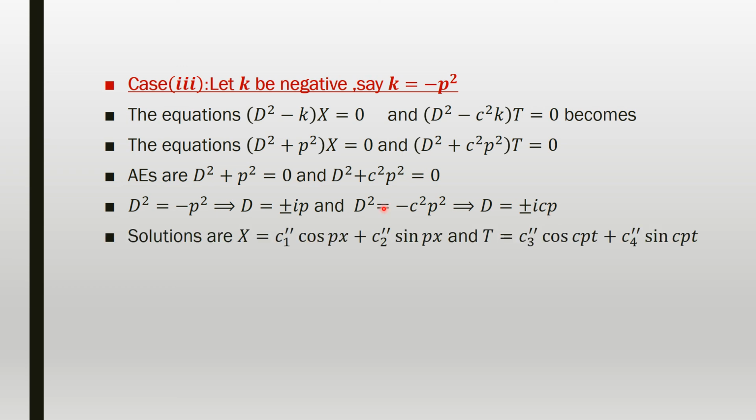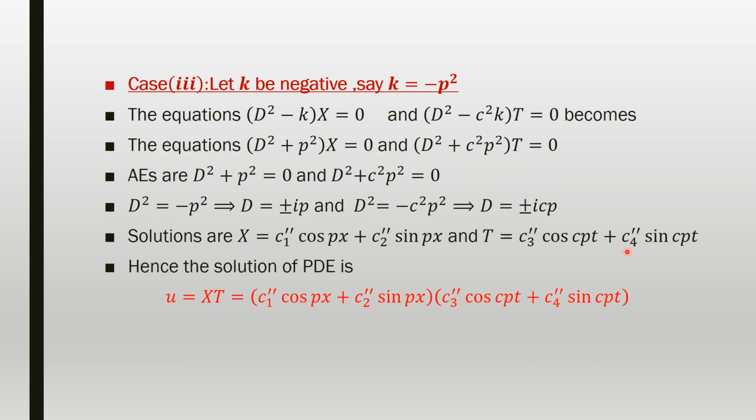So we got the roots, and whenever we have complex roots, we know how to write the solution. That is x equal to c1 double dash, because c1 dash we already introduced, into cos px plus c2 double dash into sin px. Similarly for t, because D equal to plus or minus icp are the complex roots, the solution is t equal to c3 double dash cos cpt plus c4 double dash sin cpt.